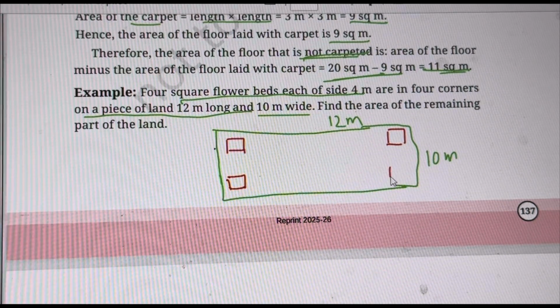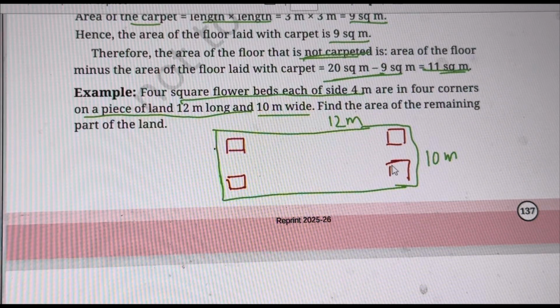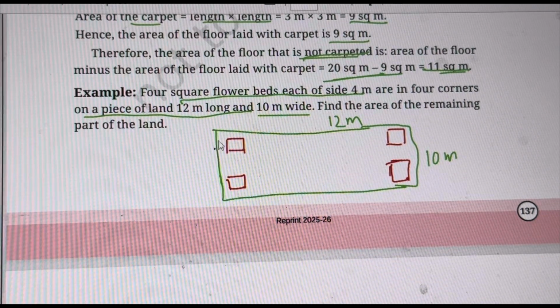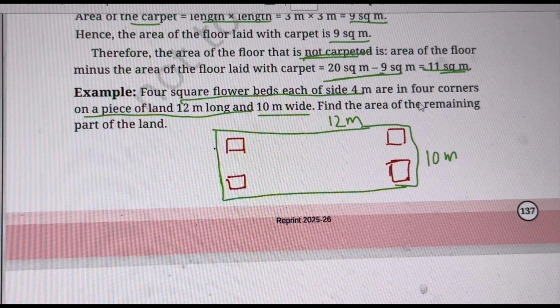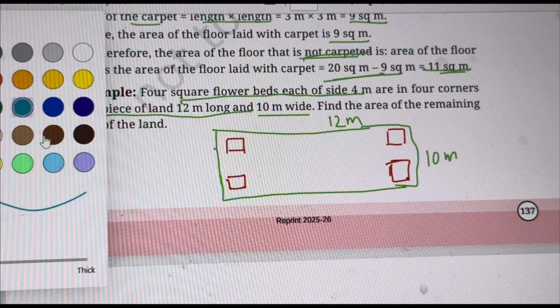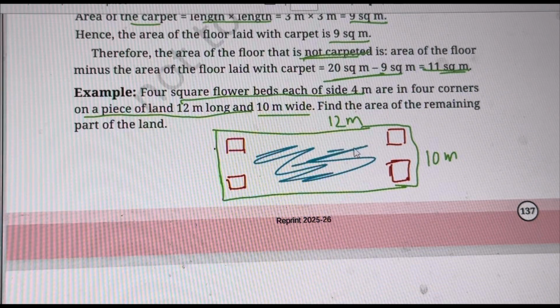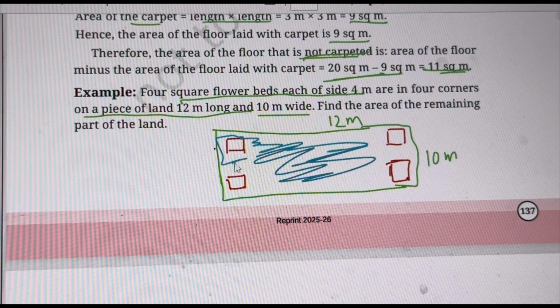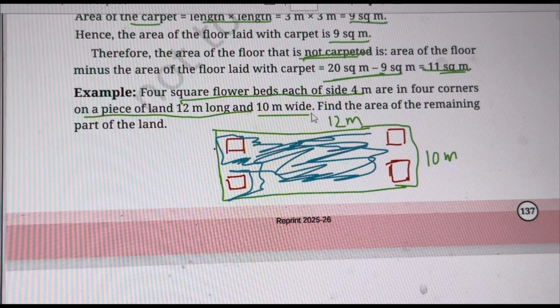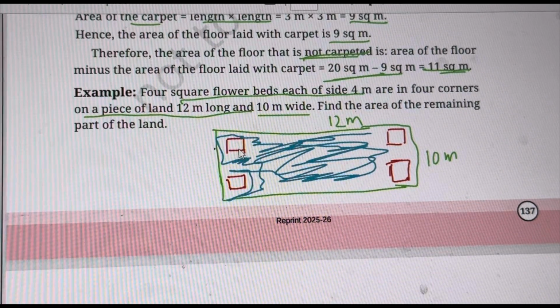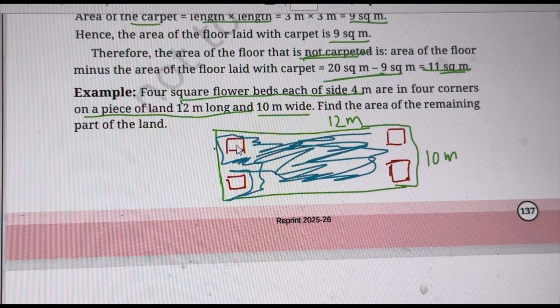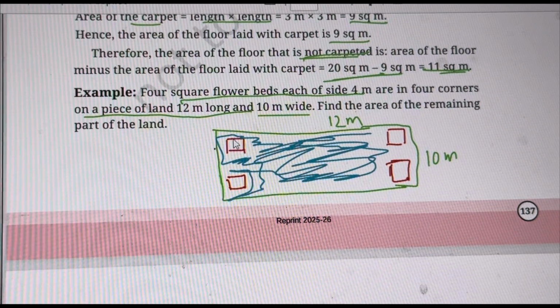So have you understood? This is the land. The green portion is the land, and these are the 4 square flower beds. Find the area of the remaining part of the land. Again, it is similar to that. We have to find this area. So in this case, here also in the same way, we will first find out the area of the land, and then the area of 1 square flower bed, where each side is 4.